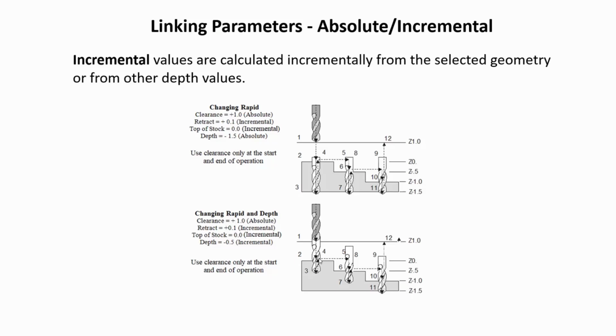Retracts back to the retract level, rapids again to the next hole, rapids down in Z only, and we'll feed in from 100 thou above the top of the stock, which was set to incremental and 0. And then we'll feed in just half an inch. Same thing with the last hole, and then it will retract back to the clearance level.